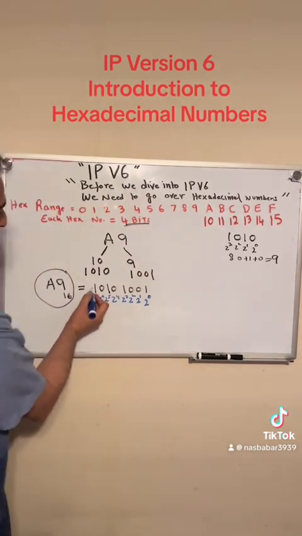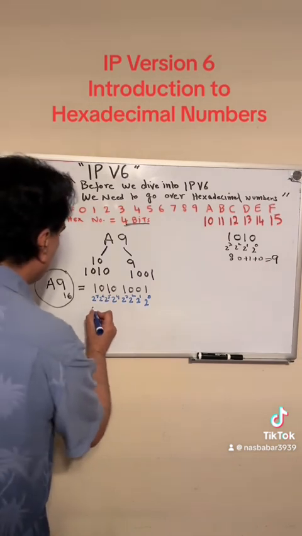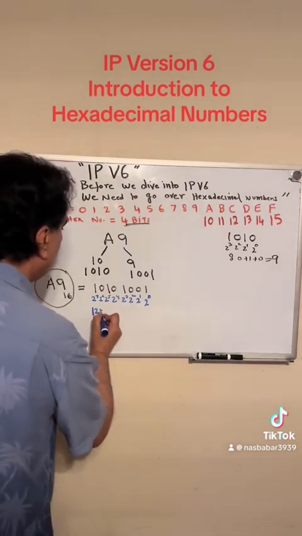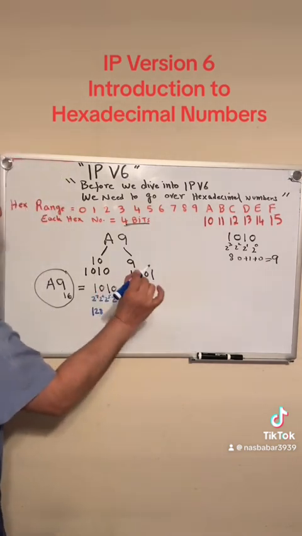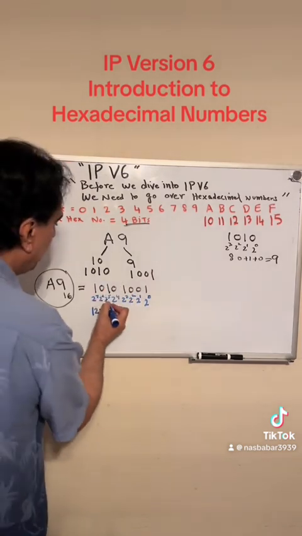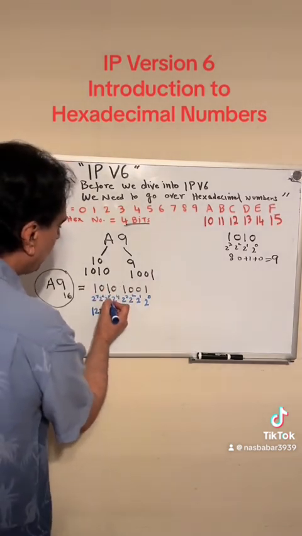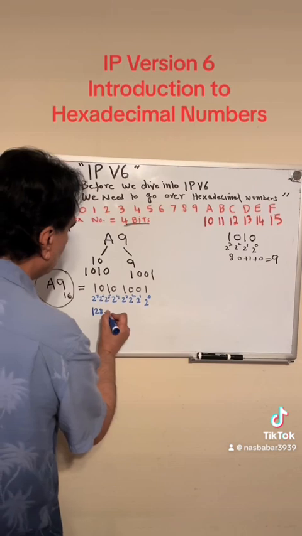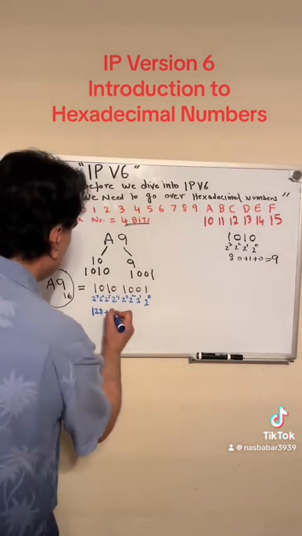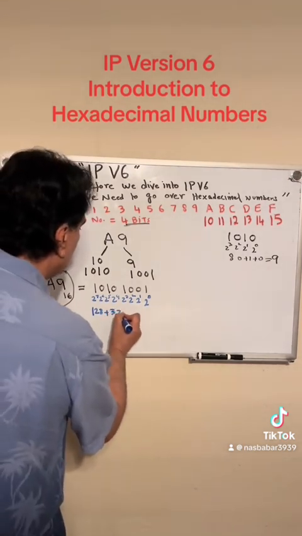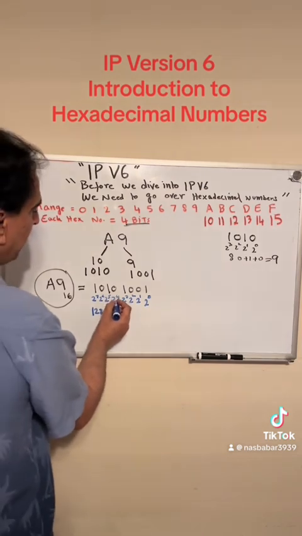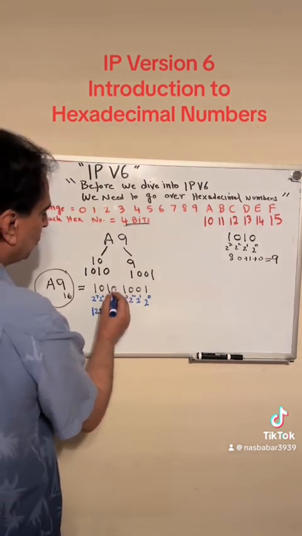The bit above 2 raised to power 7 is on, so I'm going to write 128. The bits which have zeros, I'm not going to care about them. The bit above 2 raised to power 5 is on, and 2 raised to power 5 is 32, so I'm going to write that down. The bit above 2 raised to power 4 is 0, so I don't care.